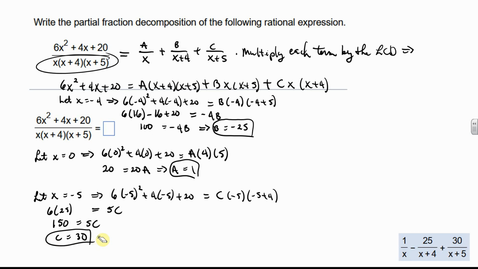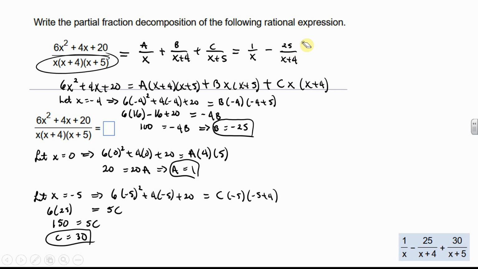So now we can put everything together, and I want to put it right here just to say equal. Just going to replace a, b, and c with what we found. So a is 1, so this is 1 over x. b is negative 25, put the negative there, 25 over x plus 4.